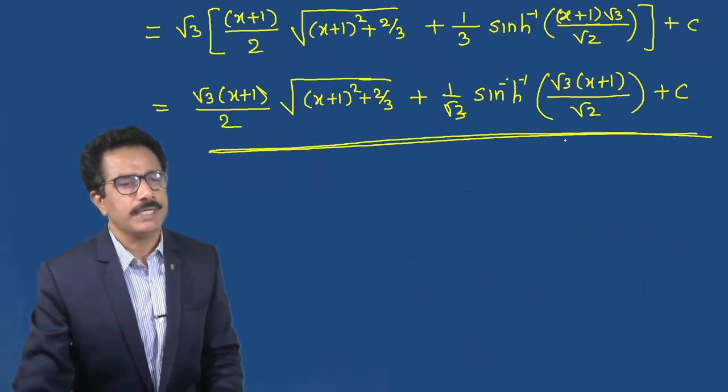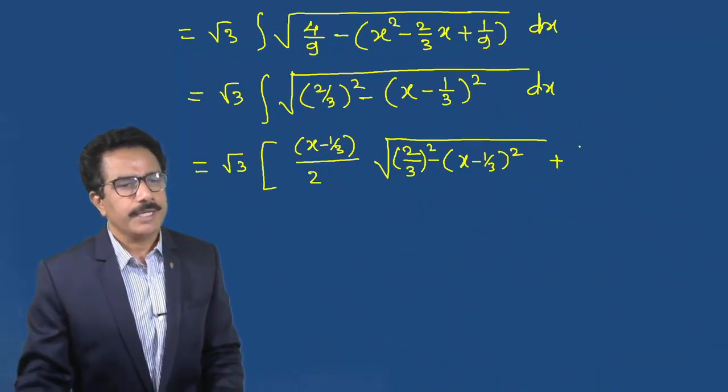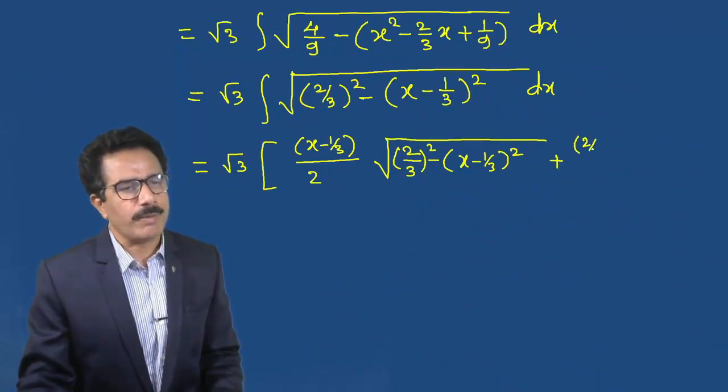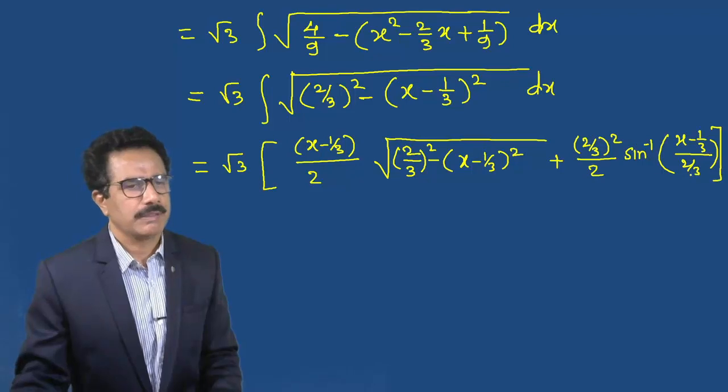So we have to use this formula, a square by 2. A square by 2 means 2 by 3 bracket square divided by 2, sin inverse of x by a, x minus 1 by 3 upon 2 by 3.